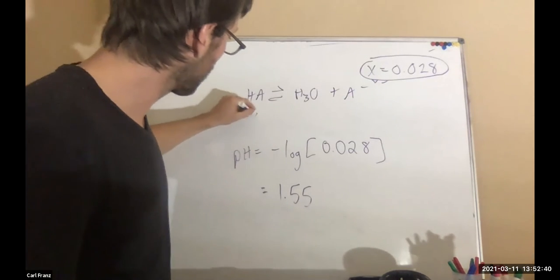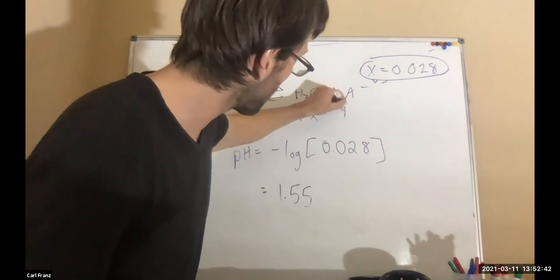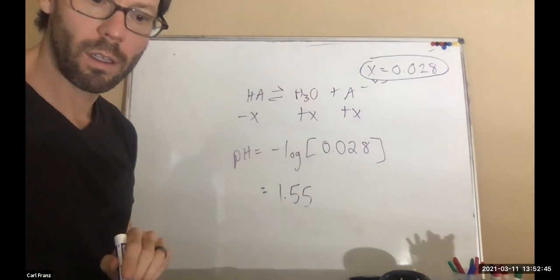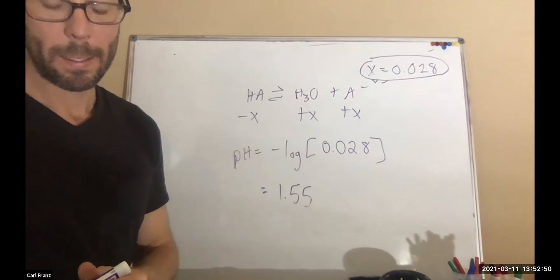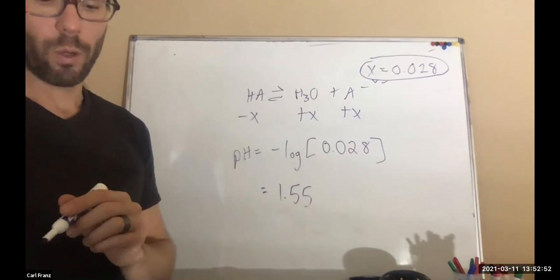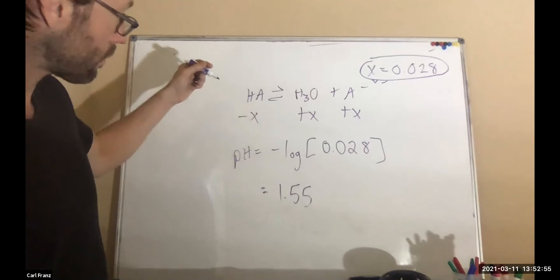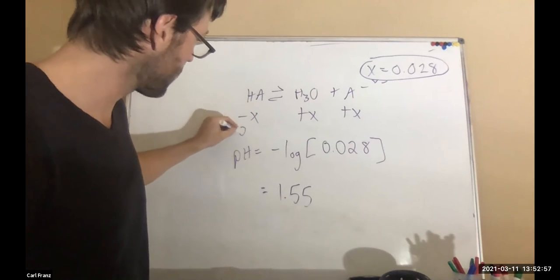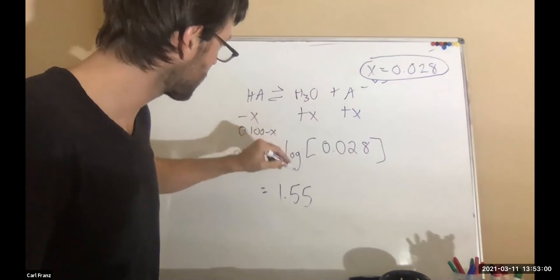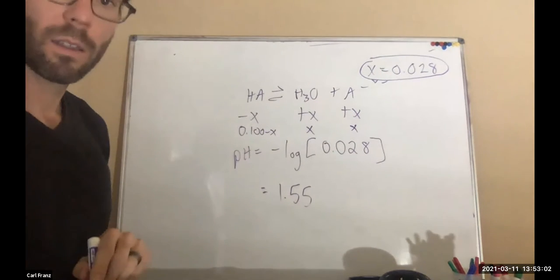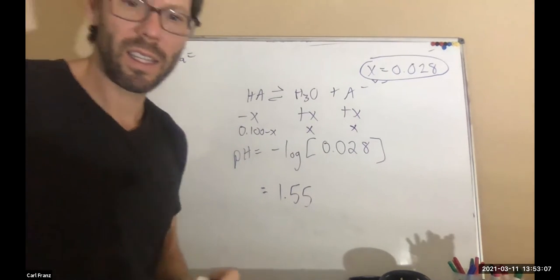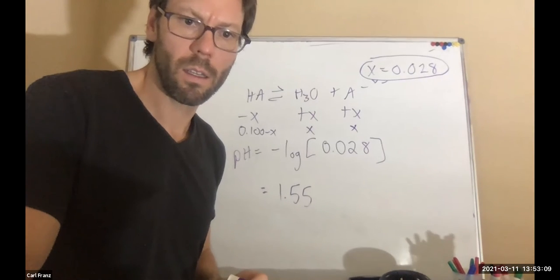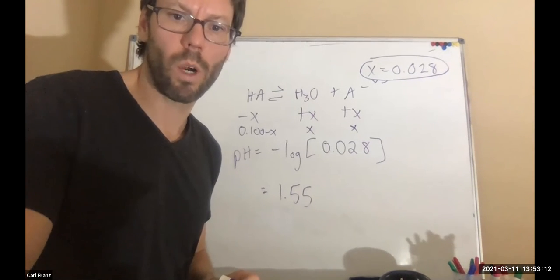And we said that it was a negative X and a positive X and a positive X, I believe, right? So no coefficients, essentially. And then this was a 0.100 minus X, X, and X. So to find our Ka, I think they did give us a Ka. Yeah, Ka 0.011. So let's take this and put it together.